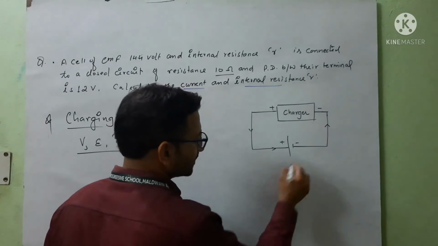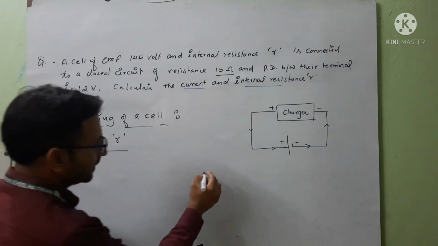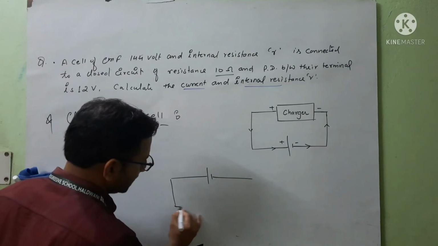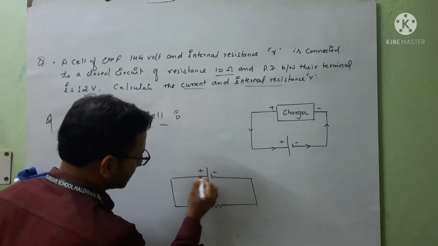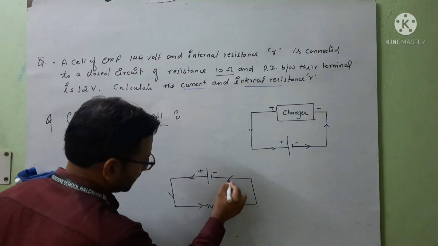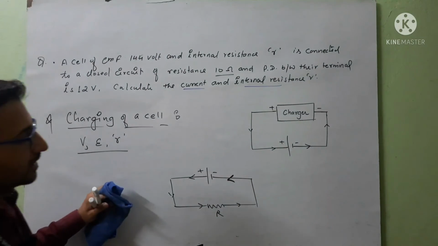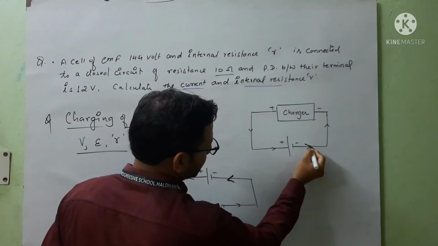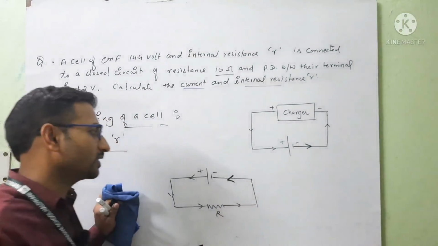Got it? From the previous diagram you have seen that when discharging occurs, the current will flow in the circuit like this. Here the current will move toward the negative terminal. In charging, the current will move away from the negative terminal. It is a very important point.